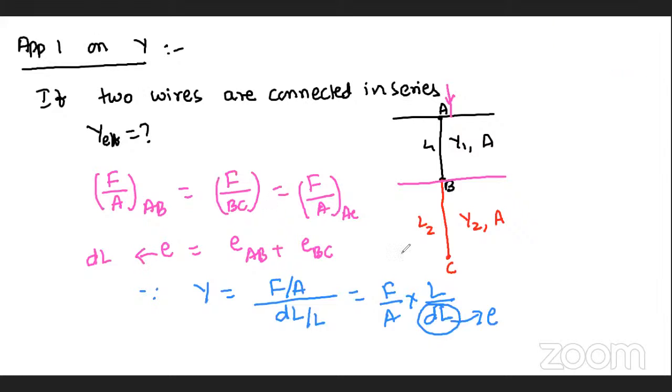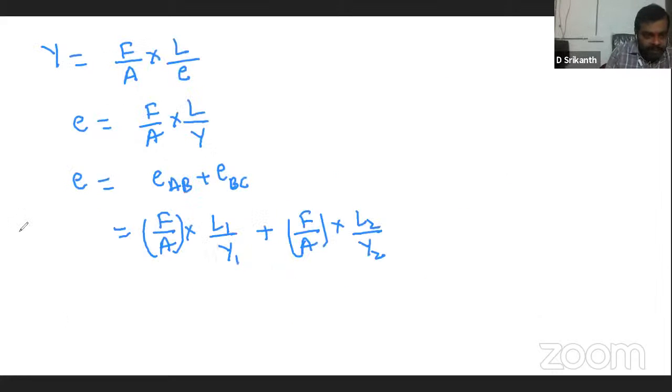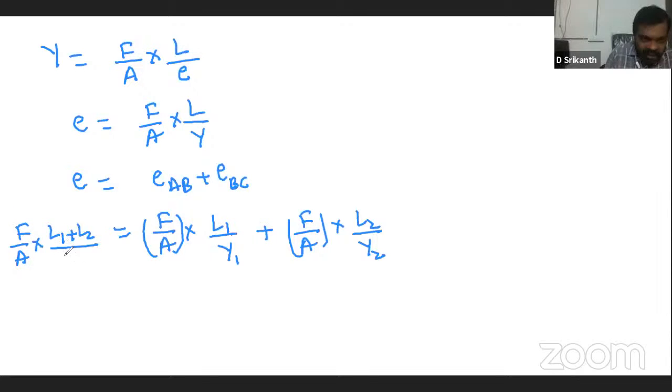L1 plus L2. So here I can write it as F by A times L1 plus L2 divided by Y effective.